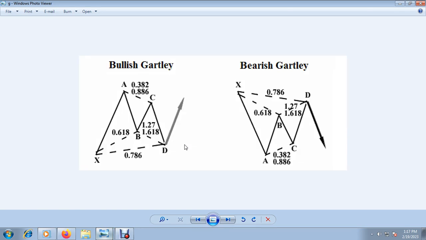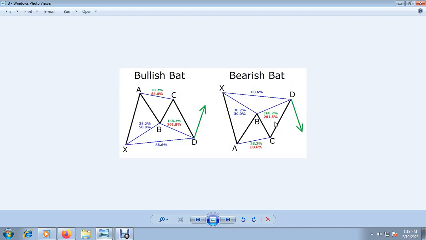Next one is Gartley. If it is 0.618, it will be a Gartley or a crab or a cipher. So remember: 0.382 means alternate bat, crab, cipher; 0.5 means bat, crab, cipher; and 0.618 means Gartley, crab and cipher.